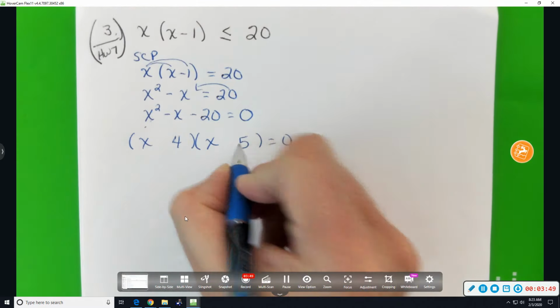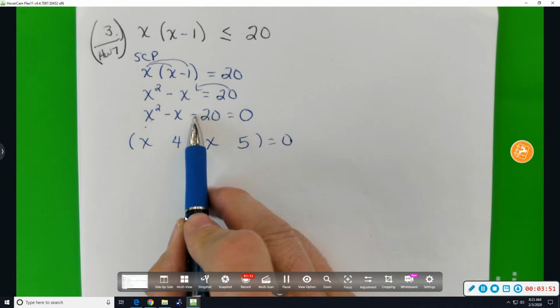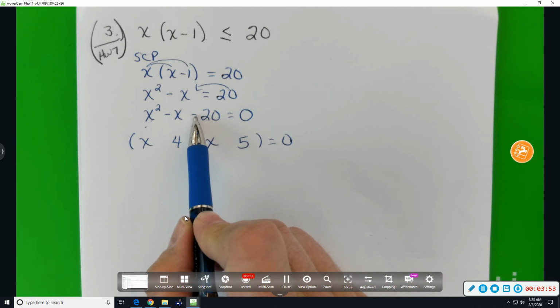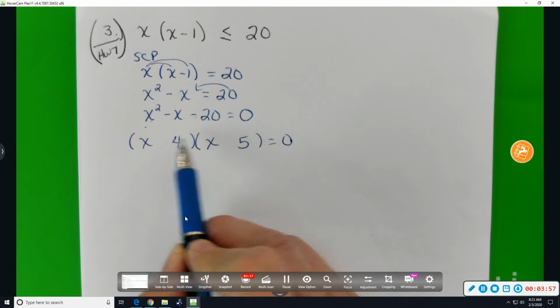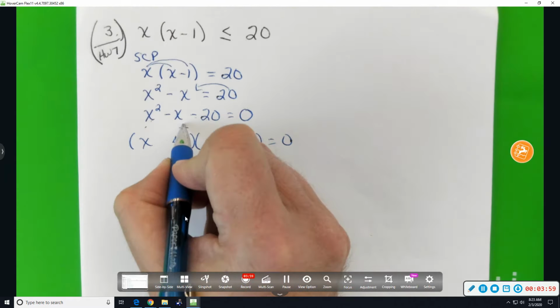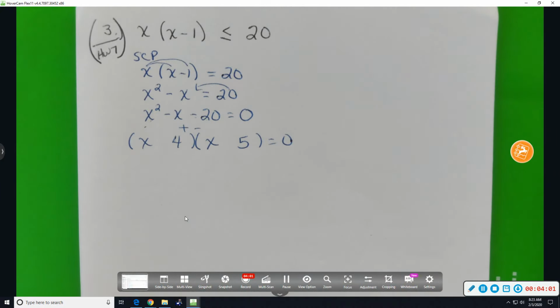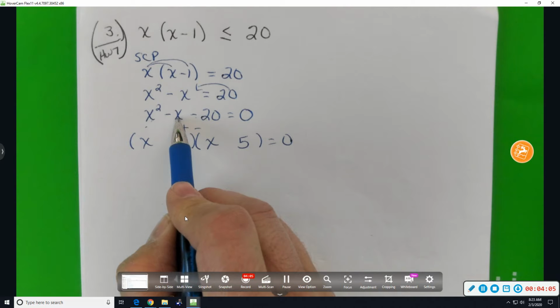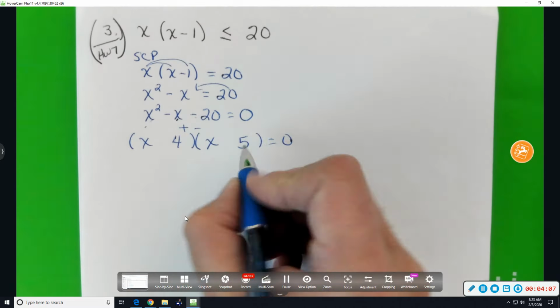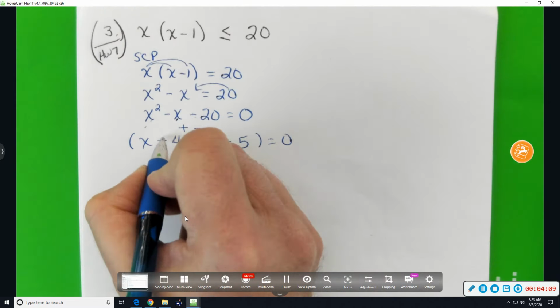Now that 20 here is negative. The second sign is negative. So what do we say that means about these signs here? There's a positive and a negative. How should I arrange them in order to get a negative x for the middle term? Negative 5 and positive 4. Did y'all hear that?